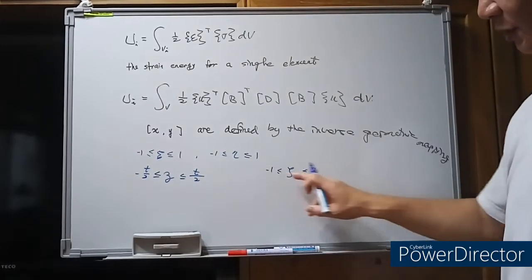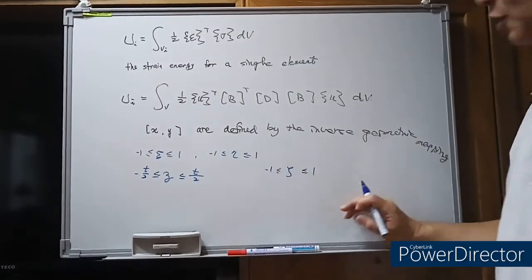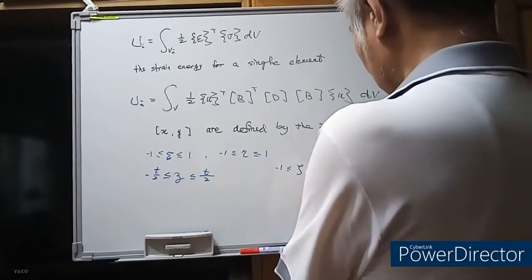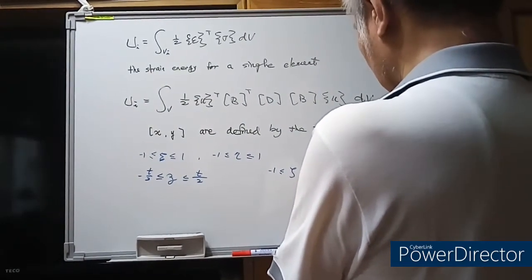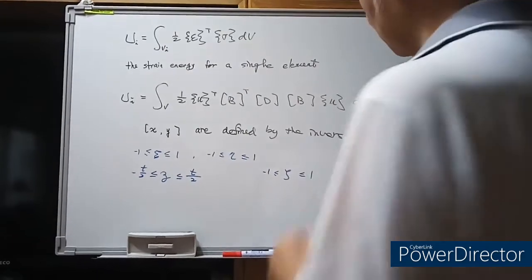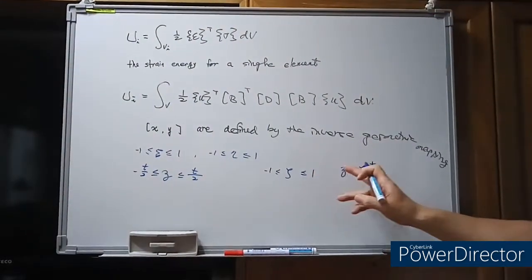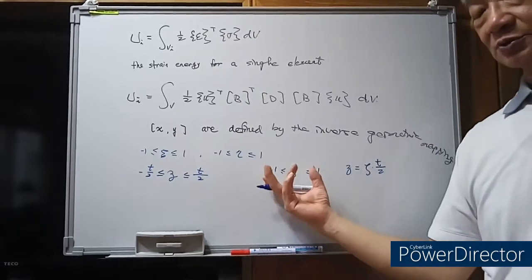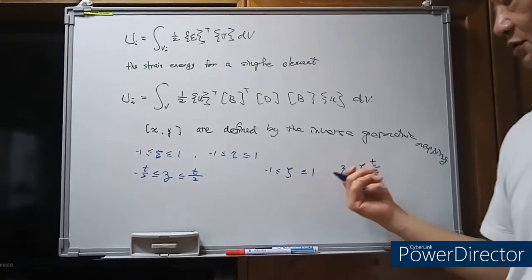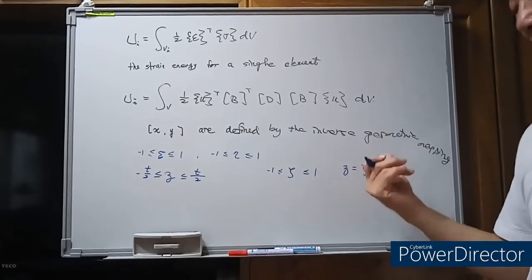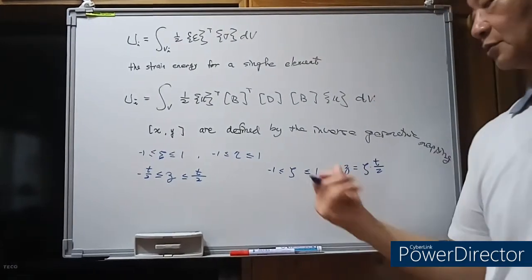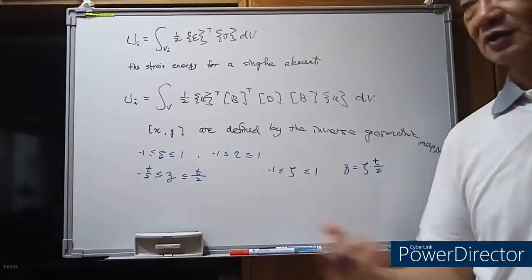So if we define the zeta like this, then by a transformation formula, it is a linear transformation: zeta times a constant t divided by 2 can give you the z value.